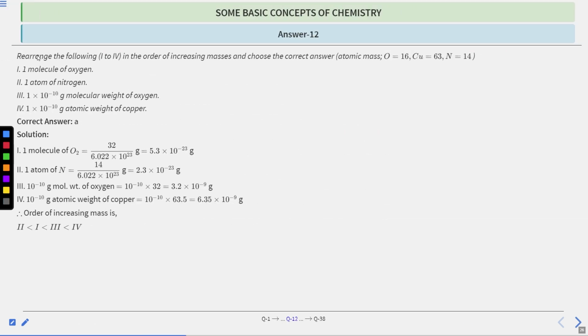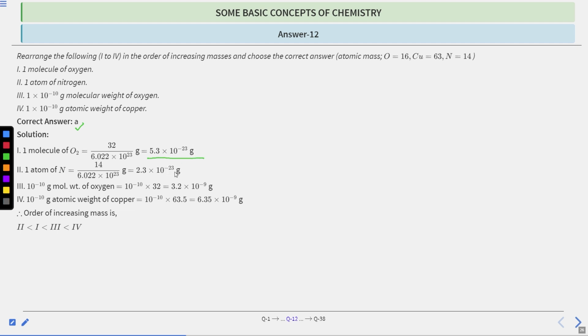Okay, so the correct answer will be option A. We have to arrange these four terms in increasing masses, and choose the correct order given in the answer options. Option A is correct, how? In the first one, the mass of one molecule of O2 will be 32 divided by 6.02 into 10 to the power 23 gram, that is 5.3 into 10 to the power minus 23 gram.